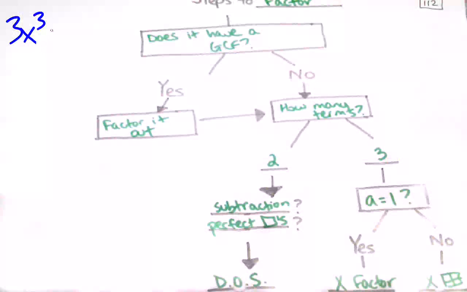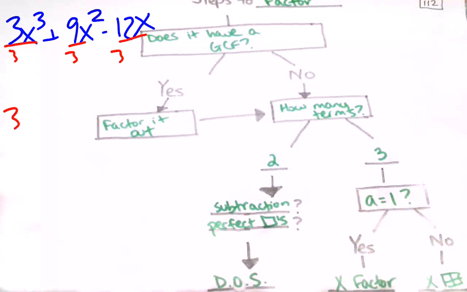3x cubed plus 9x squared minus 12x. Well, when I'm writing that out, I'm seeing that all of those are divisible by 3. So I already know I definitely have a GCF, and they all also have an x. So I'm going to take out a 3x and see what I'm left with.